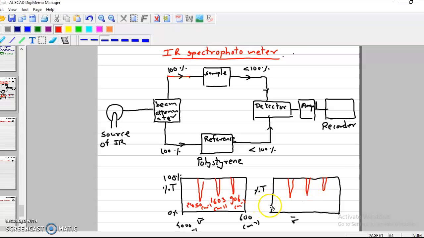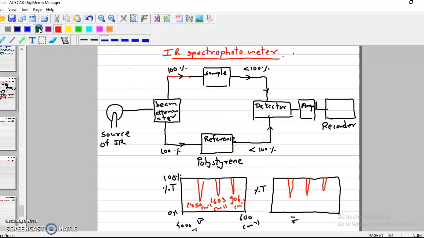These are the main important bands of polystyrene, and we will neglect them when we study the IR spectra of the sample. We know that these three bands will appear because of polystyrene. This is for calibration.